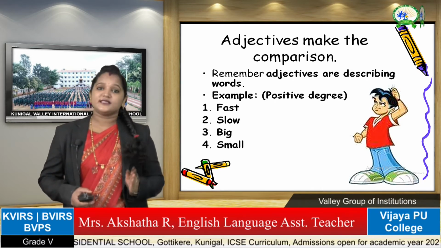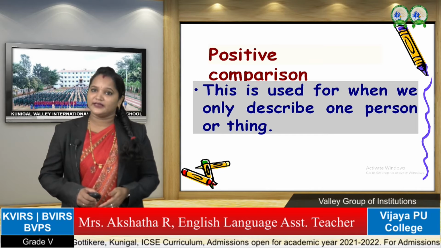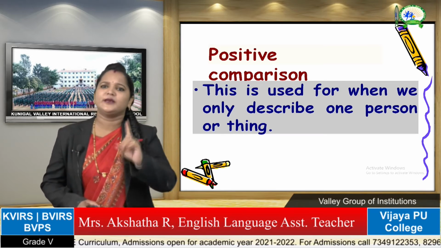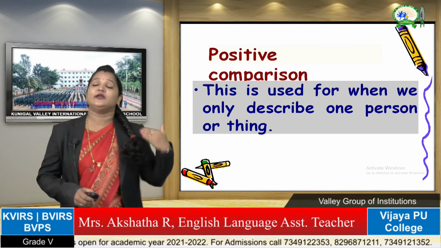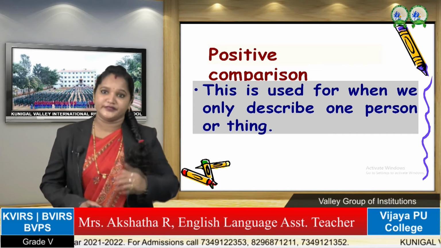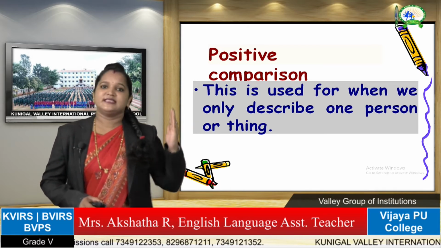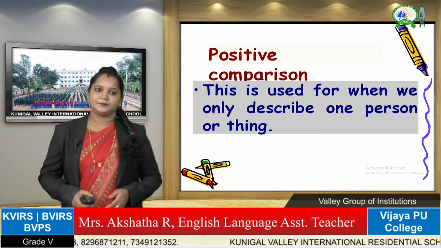Positive comparison is used when we only describe one person or one thing. Positive comparison is nothing but the positive degree. This is the first type of degrees of comparison.